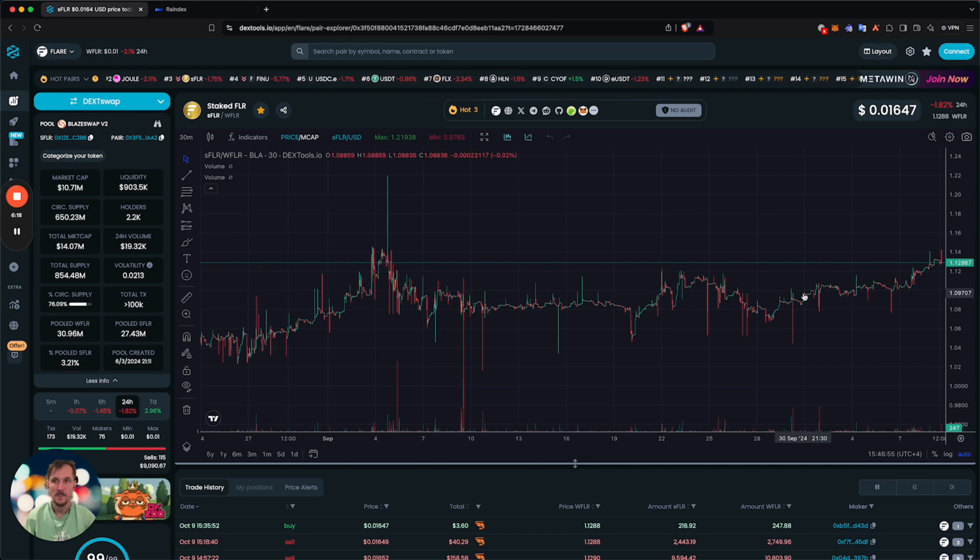So with staked flare, we know that if you zoom out and leave this for a whole year or months or however long, the staked flare is going to be worth more than the wrapped flare, just because it's gaining rewards. So there is some opportunity cost to running the strategy.